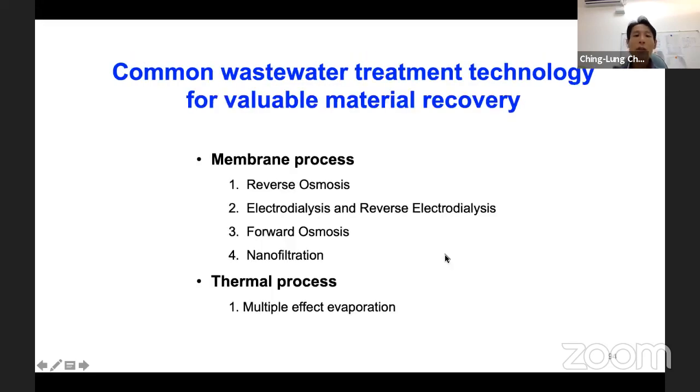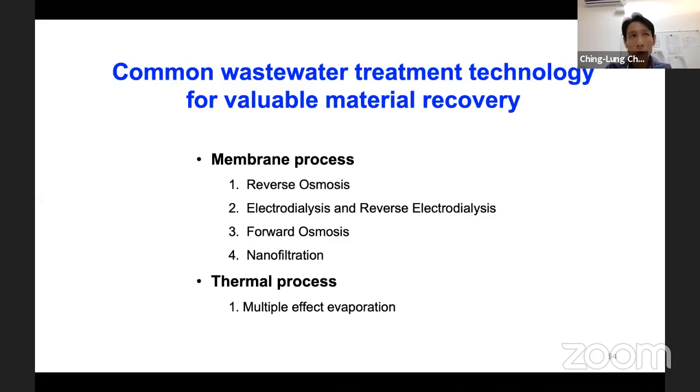And this is the common wastewater treatment technology for valuable material recovery. Actually, this is one of my interesting areas. I'm working on metal recovery in wastewater.